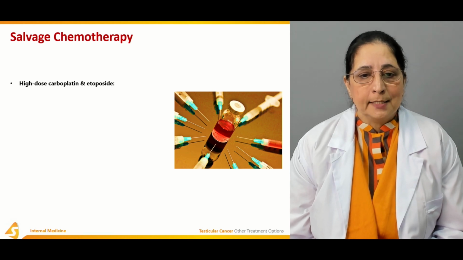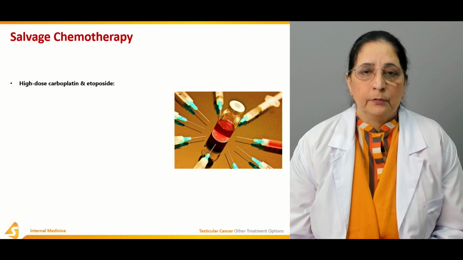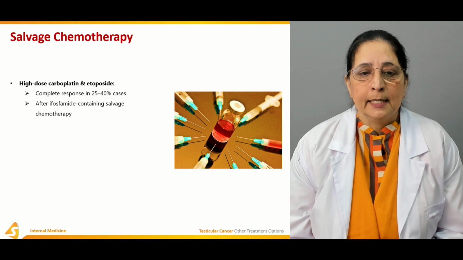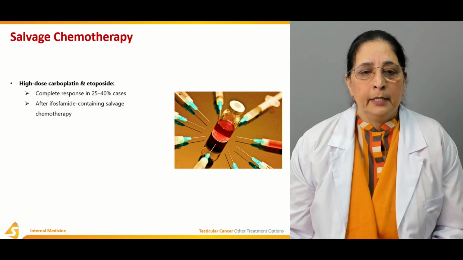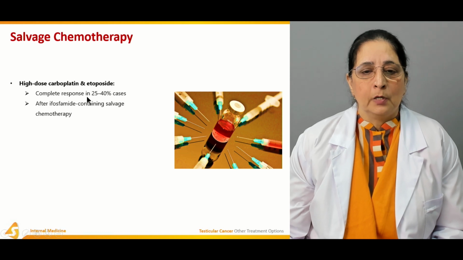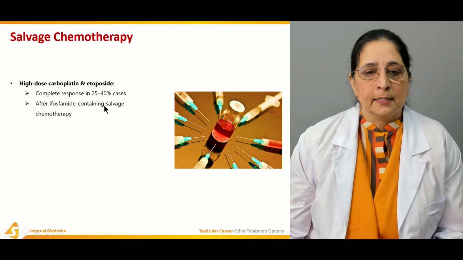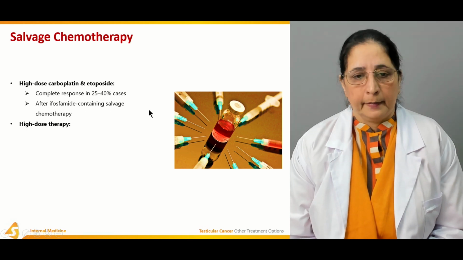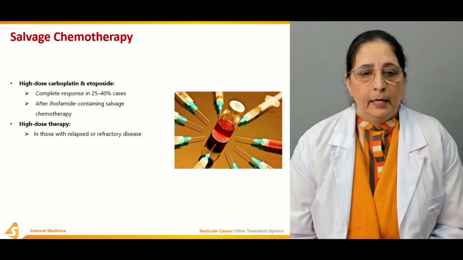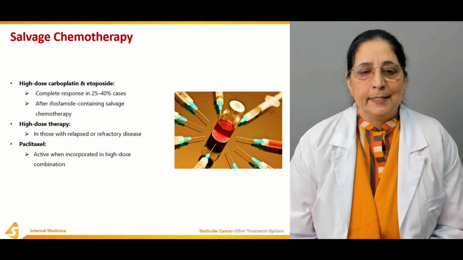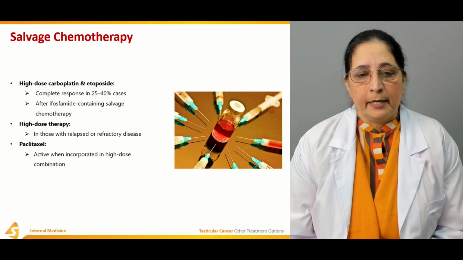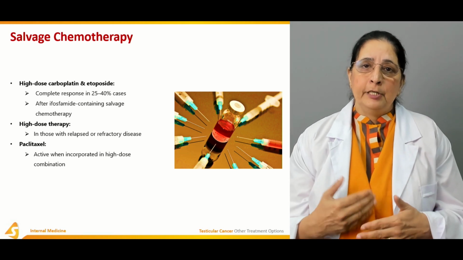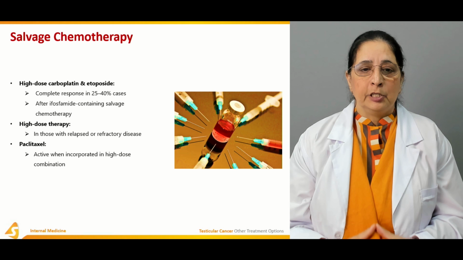High-dose carboplatin and etoposide is also salvage chemotherapy after ifosfamide-containing regimens, with complete response in 25 to 40% of cases. High-dose therapy is used in those with relapsed or refractory disease, and paclitaxel is active when incorporated in high-dose combination. So again, these are some salvage chemotherapeutic drugs.